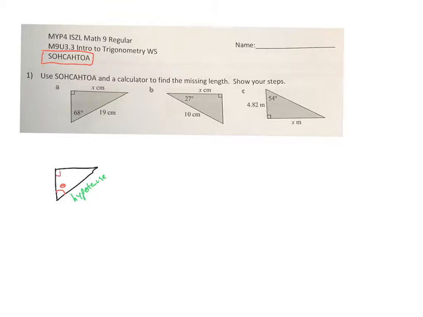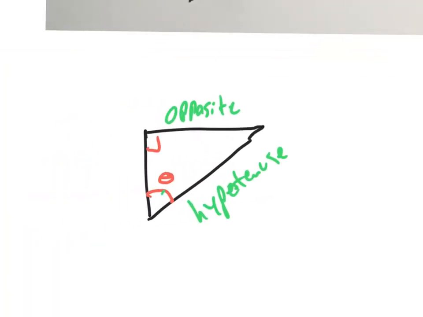The side that's across from the angle itself is called the opposite side. So this is the opposite side. And the side that is right next to the angle is called the adjacent side. We're just trying to name these.